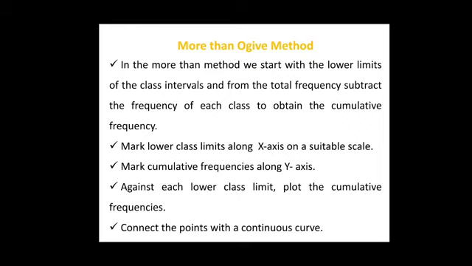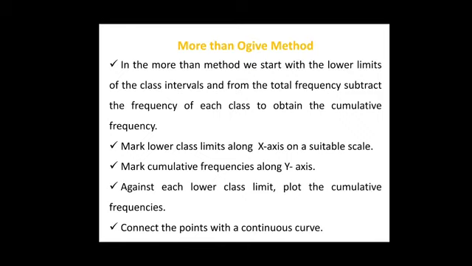After that, mark lower class limits along x-axis on a suitable scale. Then mark cumulative frequencies along y-axis on a suitable scale. Against each lower class limit, plot the cumulative frequencies. Then connect the points with a continuous curve. The curve so obtained is more than ogive or more than cumulative frequency curve.